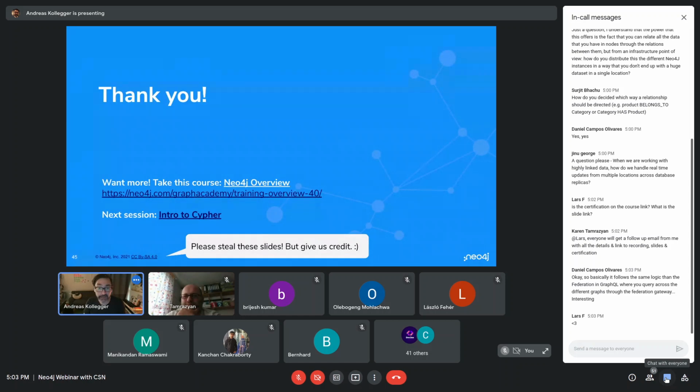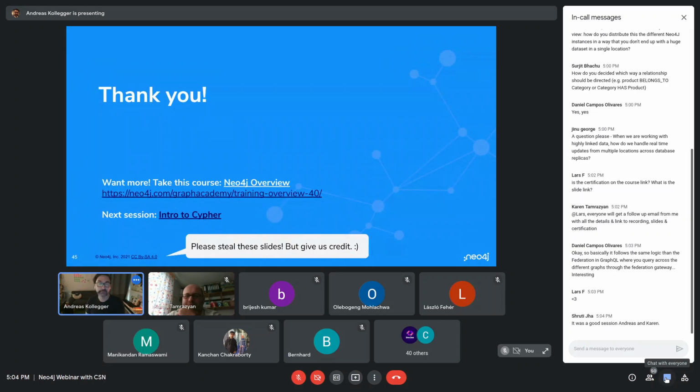So if the way you think about it is, as your example here, that this product belongs to a category, then that's the direction you should do. That's how you should express the relationship, and also how the direction should go. So the direction should match the language you use on the type. So whether the product belongs to a category or the category has these products, going out the other way.